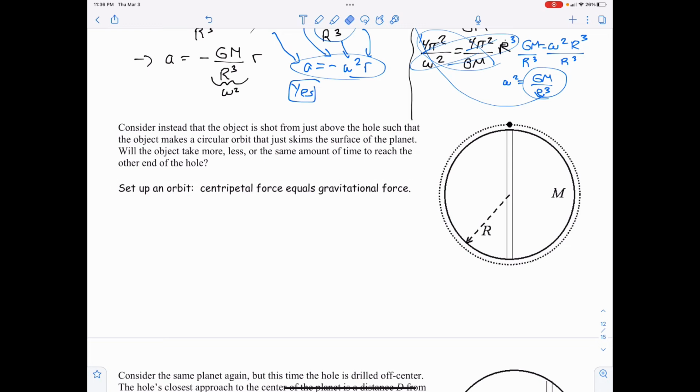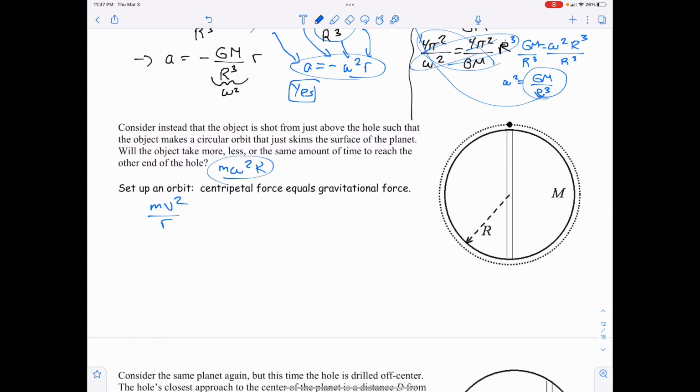To figure this out, we'll set up an orbit where the gravity force is a centripetal force. Instead of m v squared over r, remember the other way to write a centripetal force is m omega squared r.